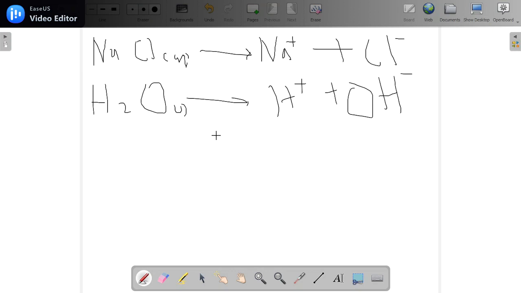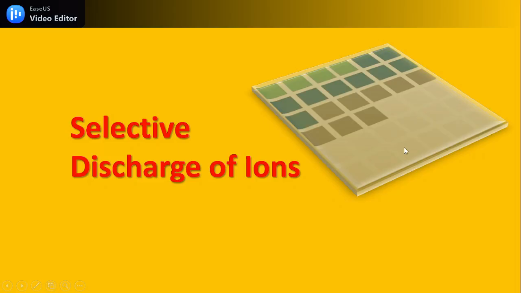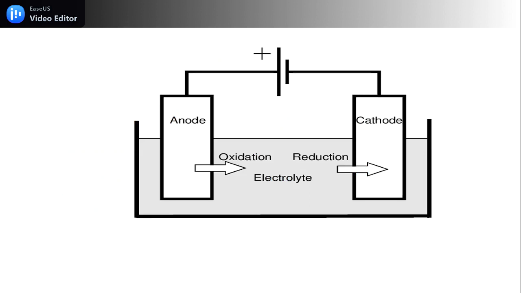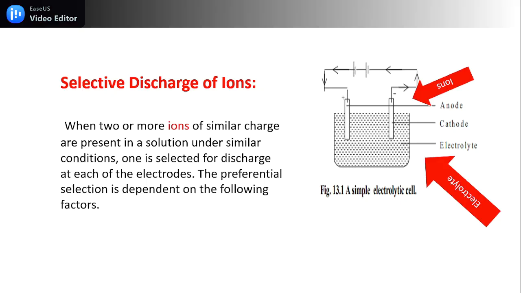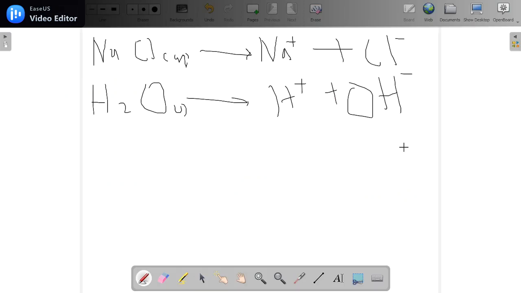So now what are we going to do? How does this relate with this now? When these two compounds are contained in the container, they become the electrolytes, and the electric current enters the electrolytes through the cathode in order to decompose them to form these ions.